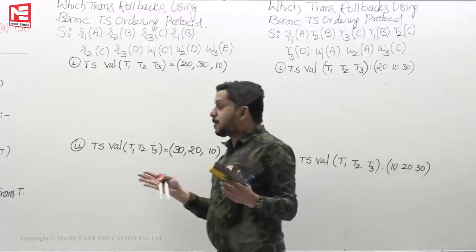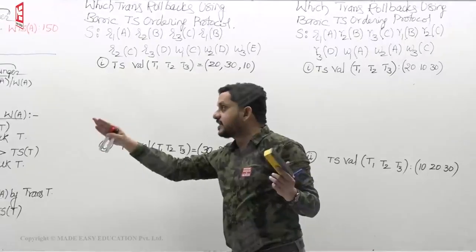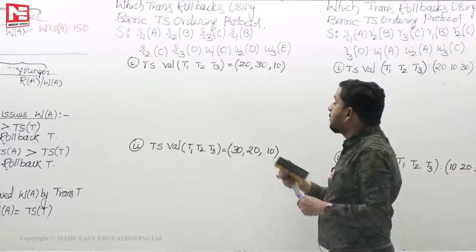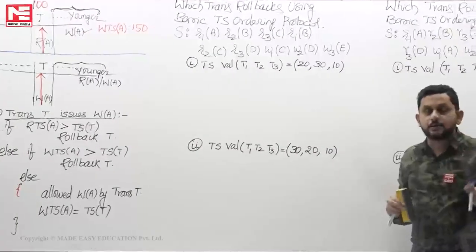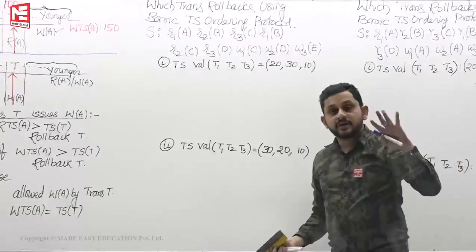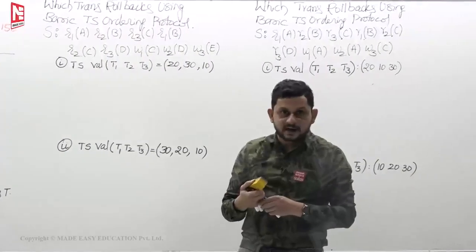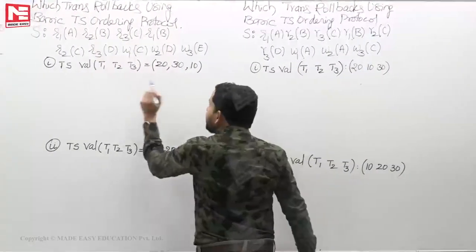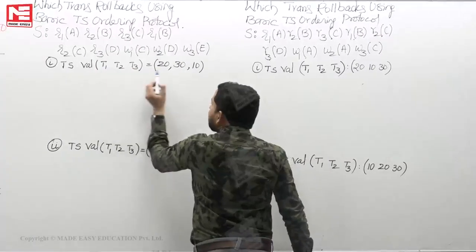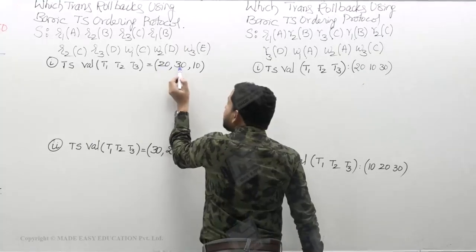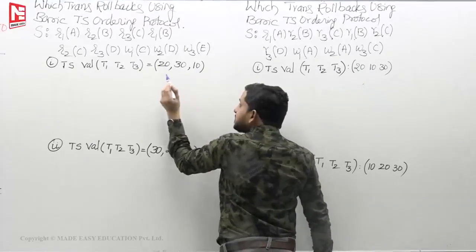Instead of applying the protocol conditions for read and write requests, we know that conflict pairs that follow the timestamp order are allowed, and conflict pairs reverse to the timestamp order are not allowed. Here the timestamp values are 20, 30, 20, 10.